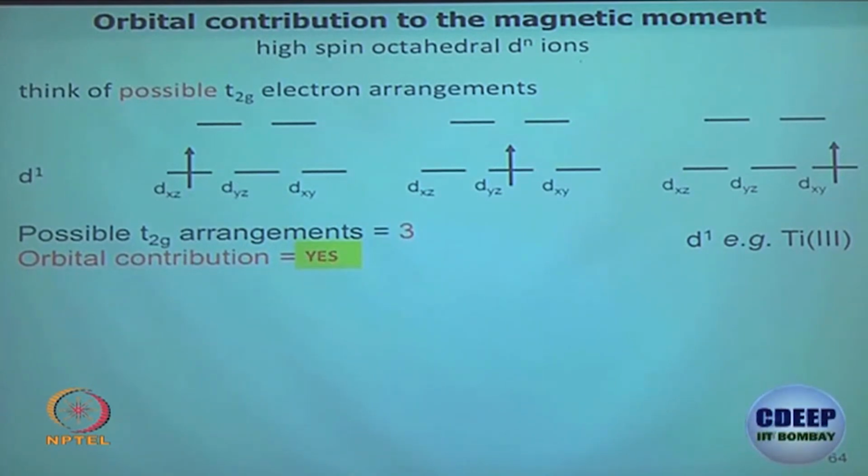So if you calculate the total magnetic moment for these, one electron should give you what? 1.73. It will be a little bit more than that. Let's say the experimentally found value is 1.83 instead of 1.73. Why is that? Because it is coming from here.